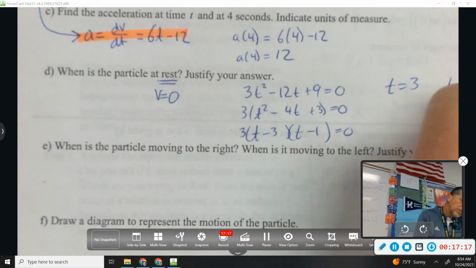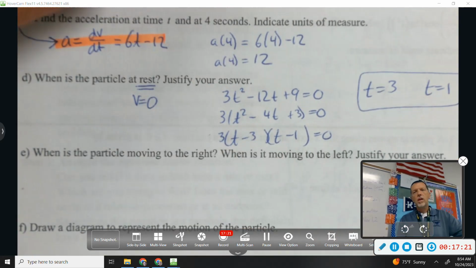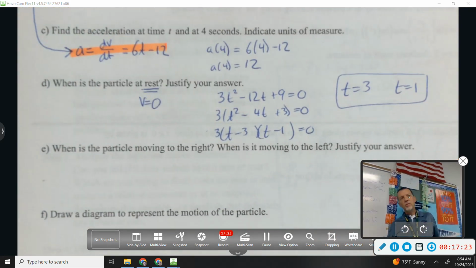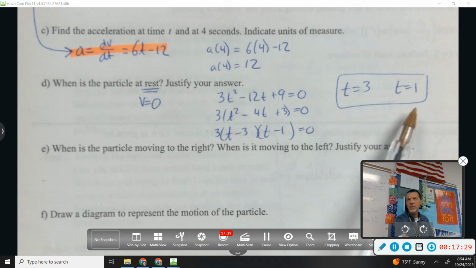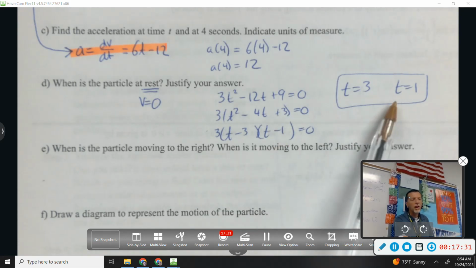So t equals 3 and t equals 1. Solving for t, this is a spot where you could get a negative t, right? If they had rigged this to factor a little differently and we got t equals negative, this would be one where you could throw out the negatives because we're only looking at positive t.